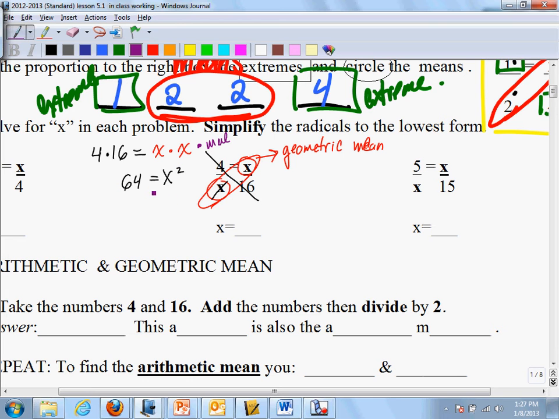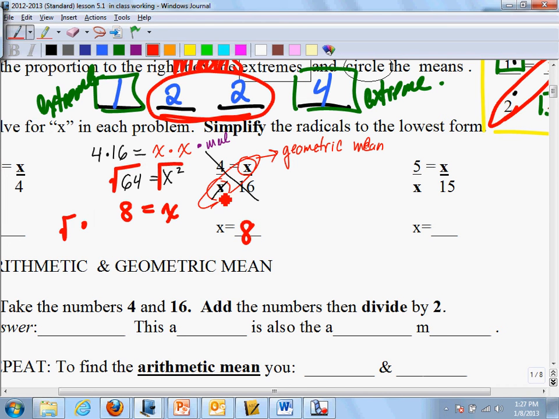How do we undo this? What do we do now? Now we square root both sides. Okay, x equals 8. So first we multiplied, and step 2 we square root.